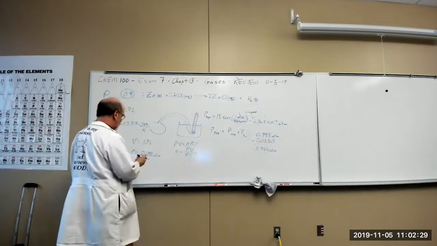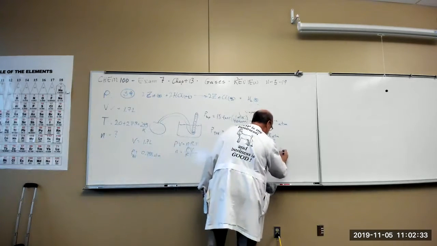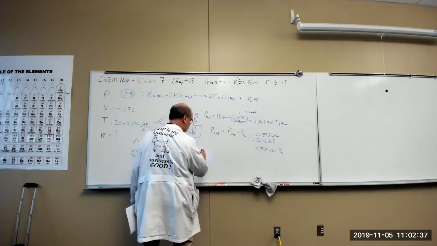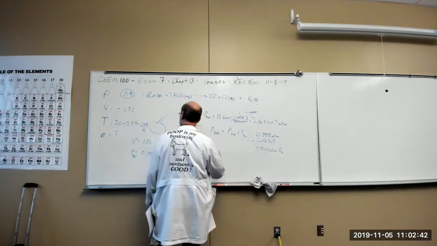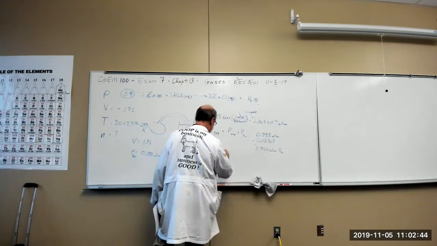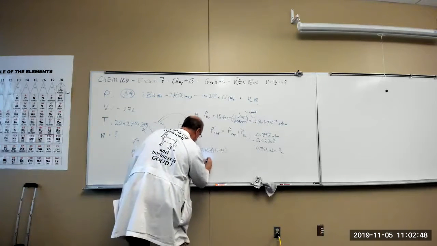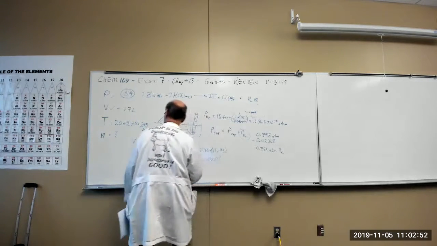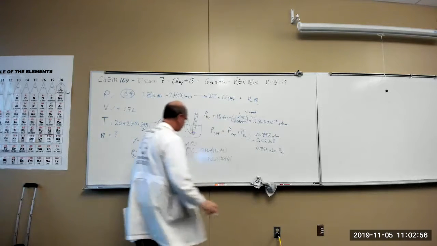So the pressure is what? The pressure of hydrogen gas. That's the pressure of hydrogen gas, 0.764 atmospheres. Volume is 1.7 liters. R and temperature. Okay?